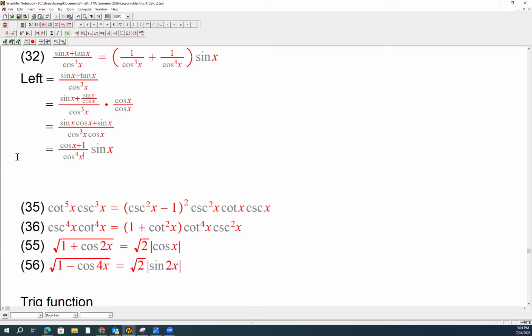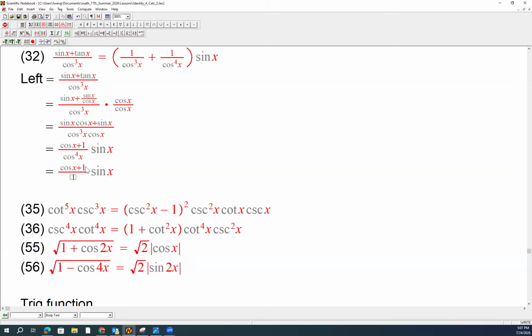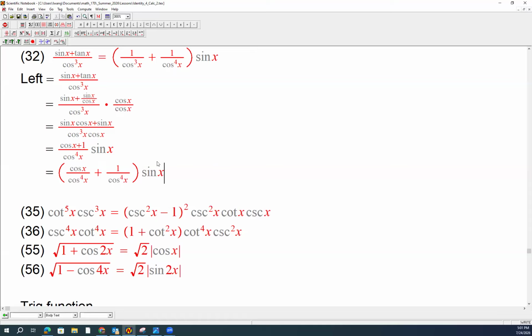Okay? And now we're getting closer. We take cosine to the power of 4, divide into cosine x, plus 1 over cosine to the power of 4, all of these in the parentheses.